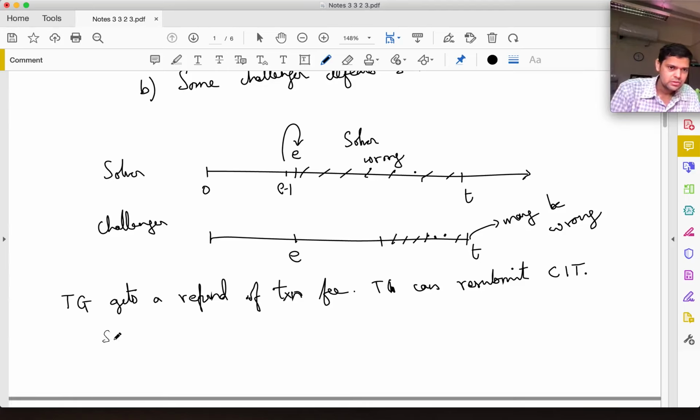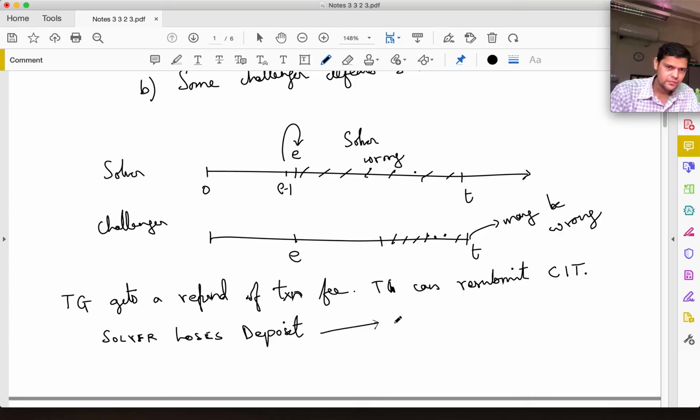So the solver loses his deposit, and what happens here?